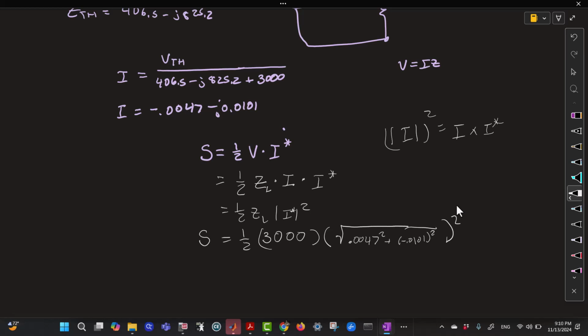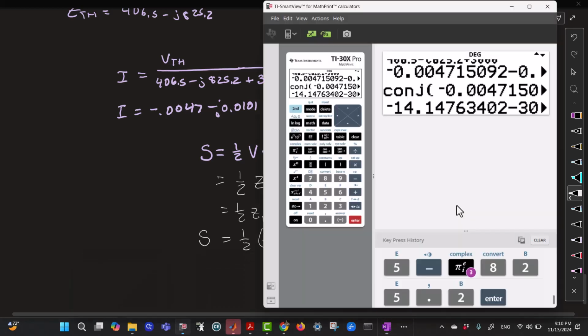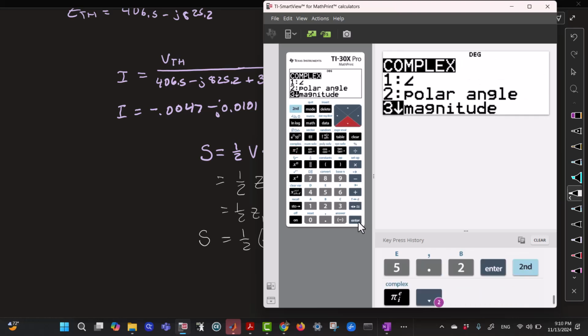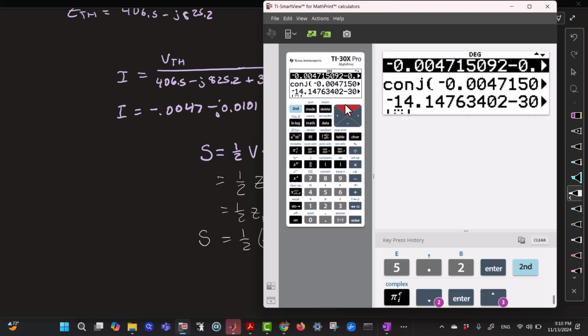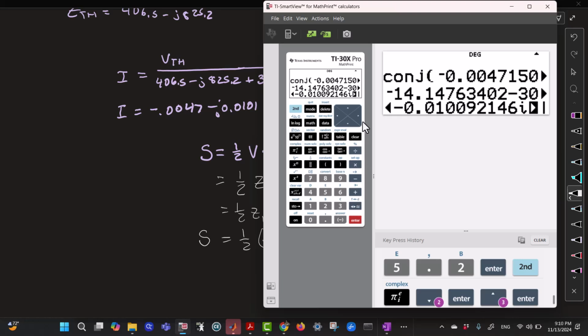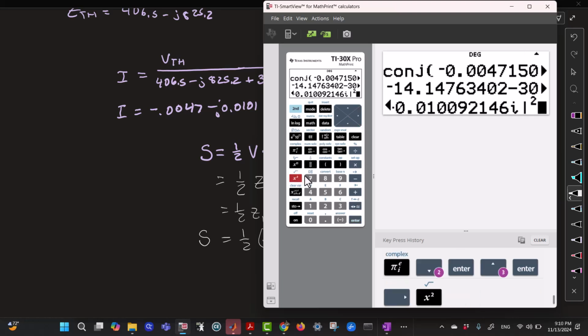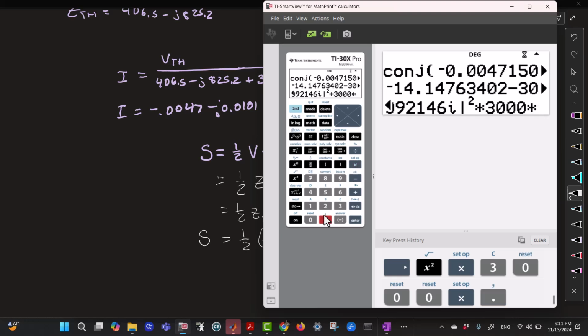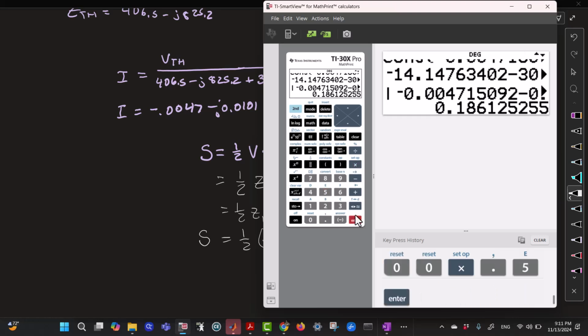Or we can just do that on the calculator: go to second, complex, get magnitude, and I'll square it, multiply that times the resistance, which is 3,000, multiply that times 0.5, and the real power is just the real part of this, and it's real, so we don't need to find any other part of it.